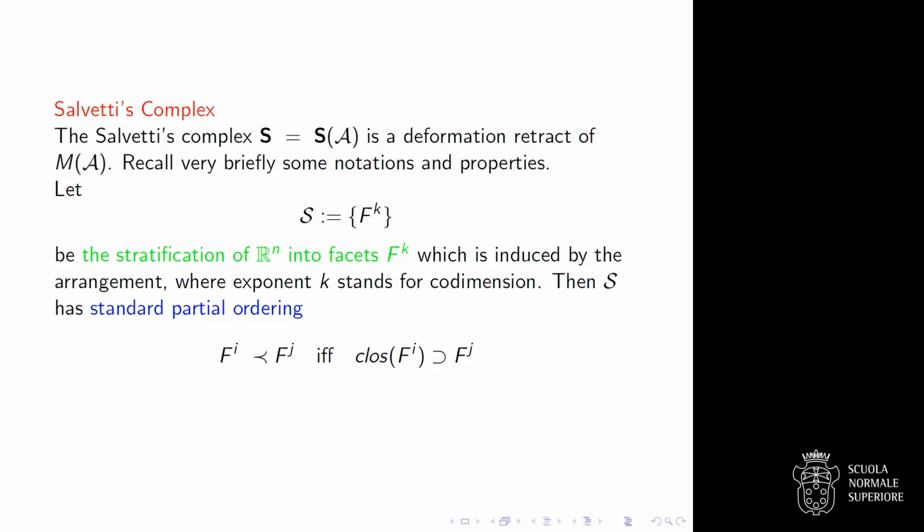Let's provide the stratification. The reverse inclusion tells us about the closure. If we consider, for example, the closure of C0, what does it contain?